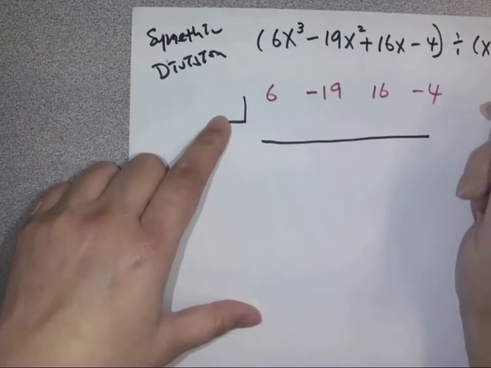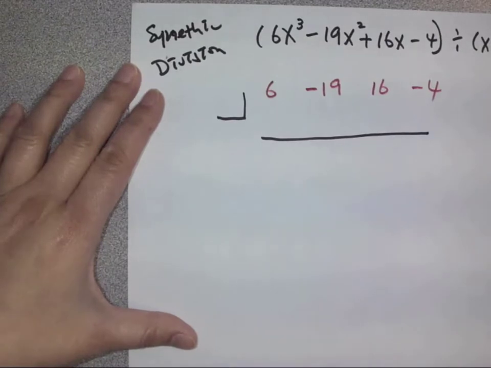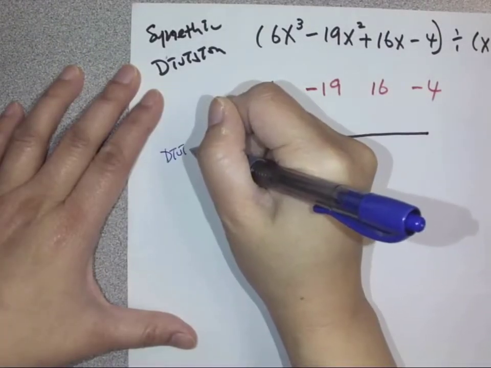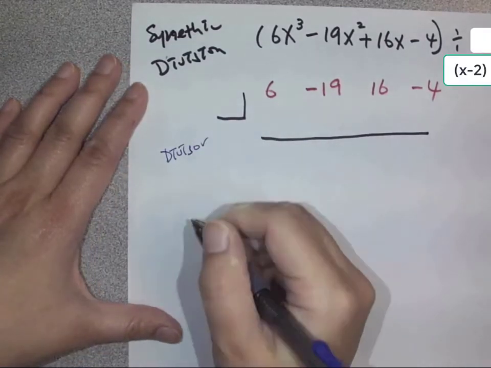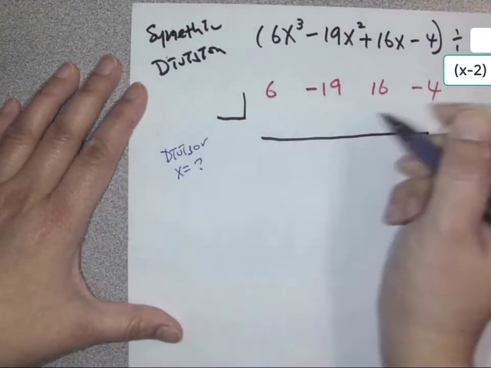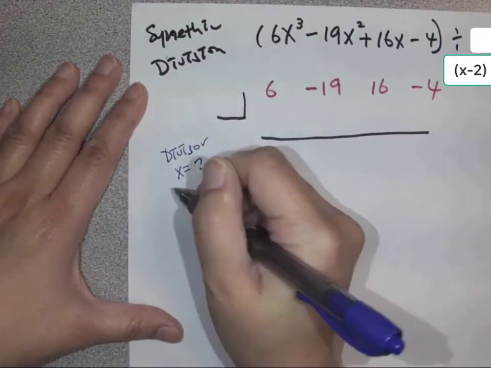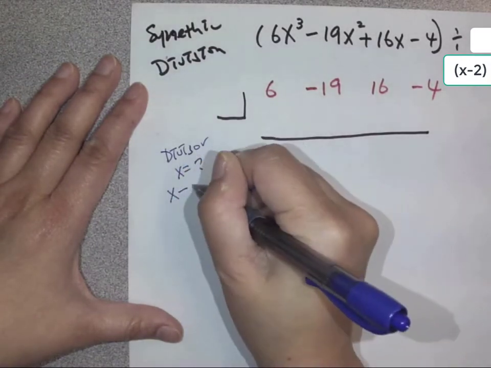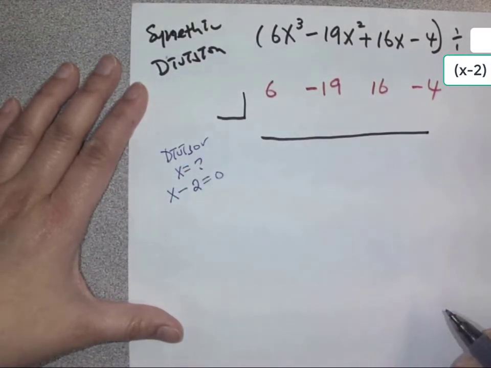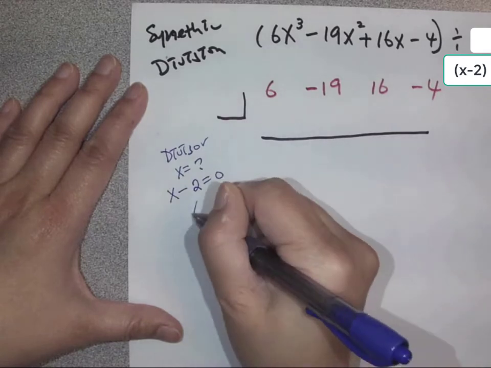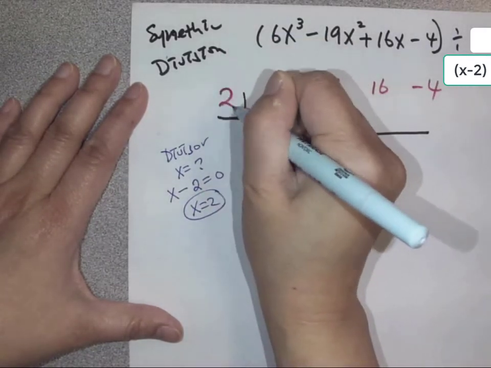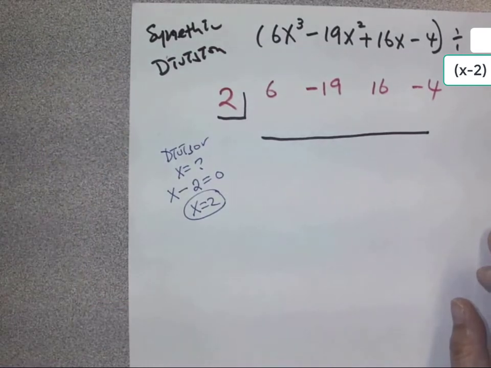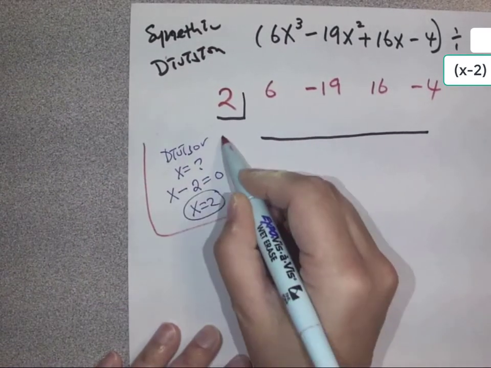What do I put on the side? This is from the divisor. Dividend is up here, divisor is here, right? But we need to find out x equal to what from the divisor. So we set it equal to 0. x minus 2 equal to 0, so x equal to 2. So x equal to 2 goes here.